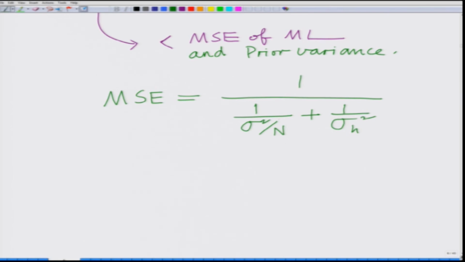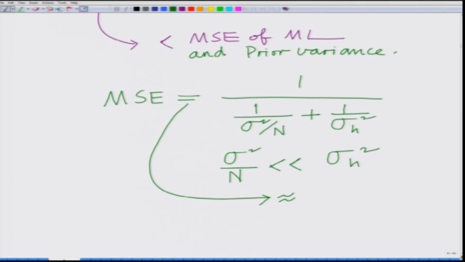Now, if sigma square over n, the MSE of ML, is much smaller than sigma h square, then 1 over sigma square over n is much larger than 1 over sigma h square. Therefore, in this scenario, this will be approximately equal to 1 over sigma square over n, which is simply sigma square over n, equal to the MSE of the maximum likelihood estimate.